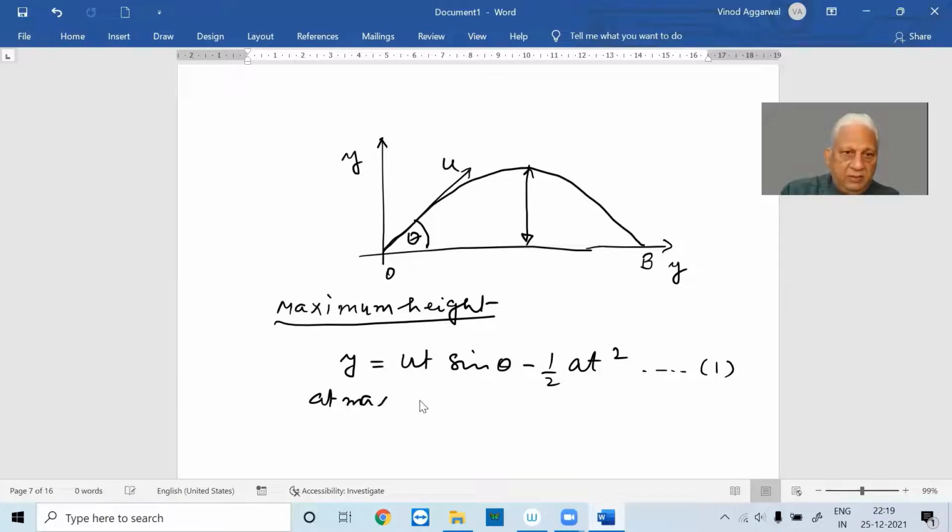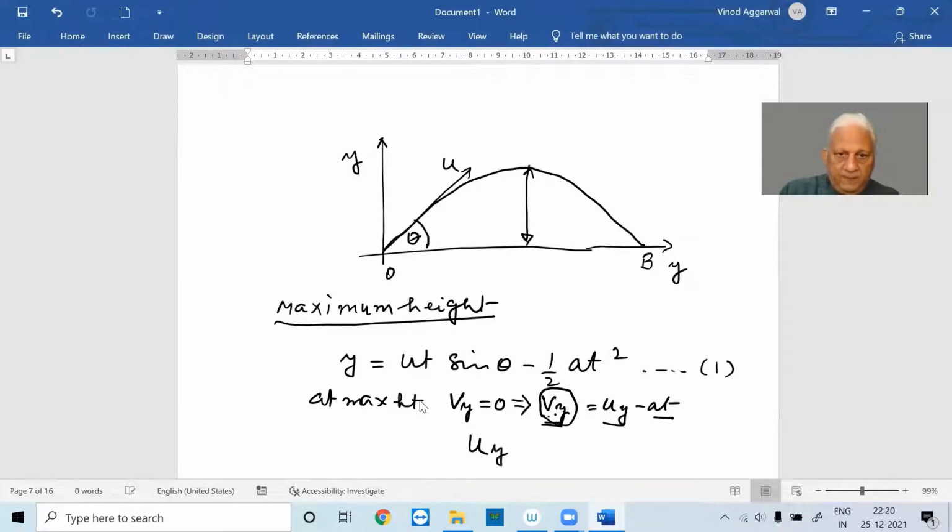At maximum height, we have seen that v in y direction is 0, which implies final velocity in y direction is initial velocity in y direction minus g t. This is 0 at maximum height.